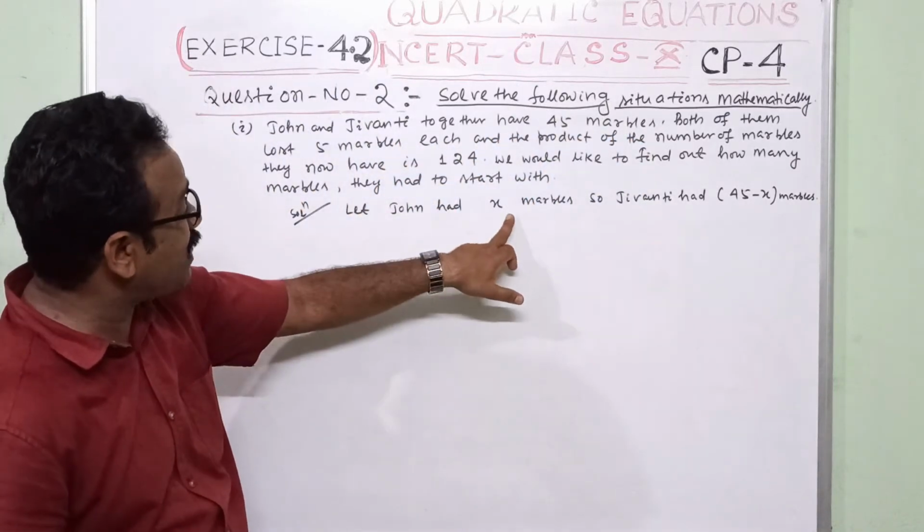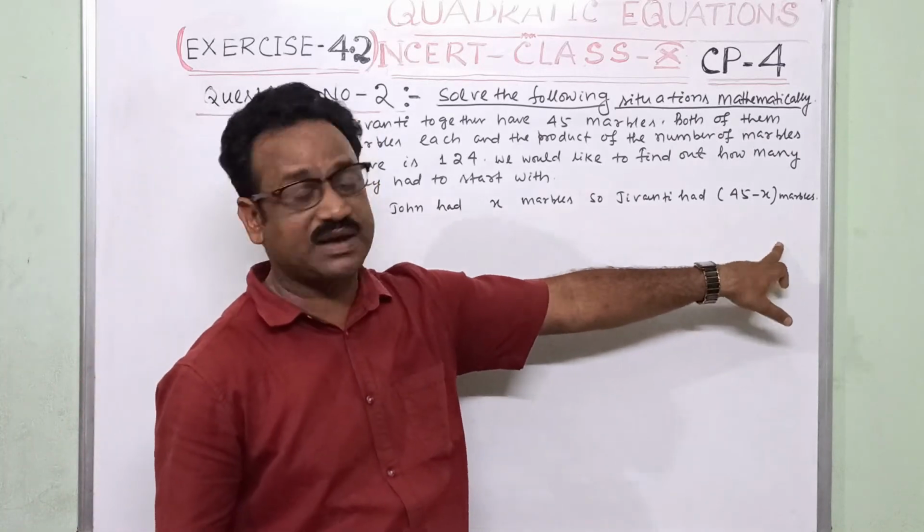If John has X marbles, then Jivanti has 45 minus X marbles.